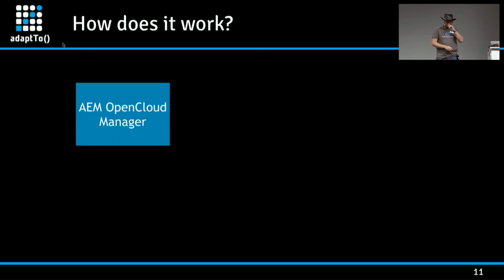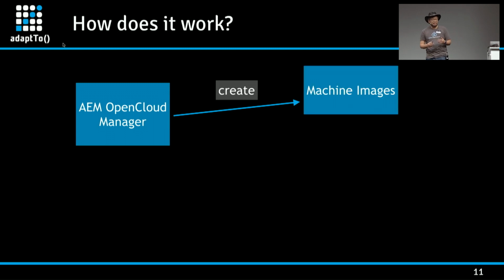So how does it work? In summary, it has a component called AEM OpenCloud Manager, which can be replaced by any CI/CD tool. Some of our users just integrate the platform with their own Bamboo installation, for example. You use the AEM OpenCloud Manager to create machine images, in this case AWS AMIs.